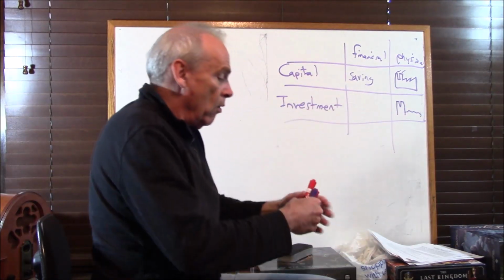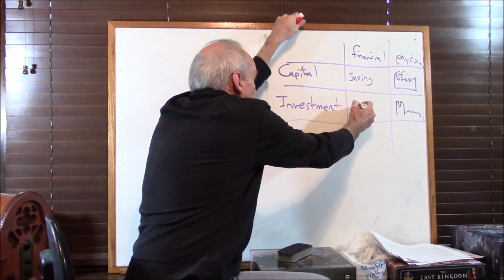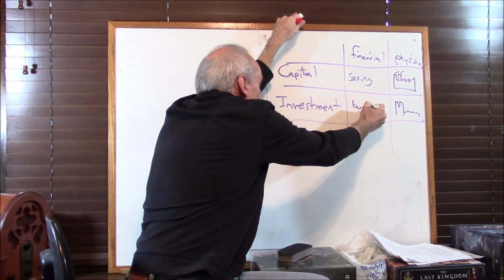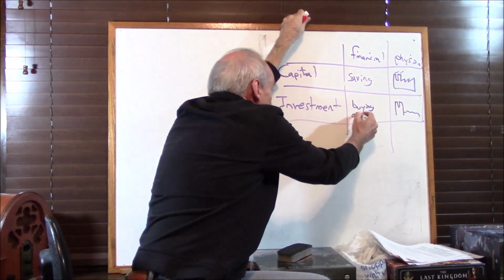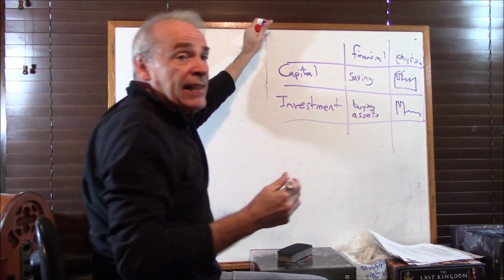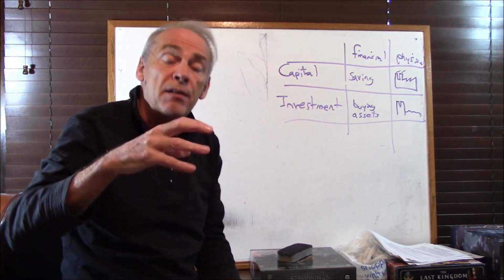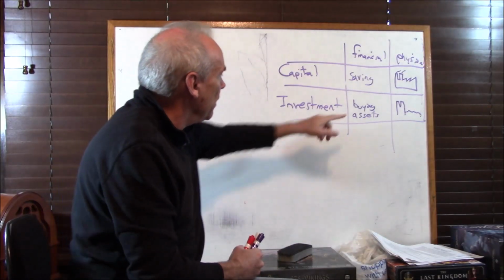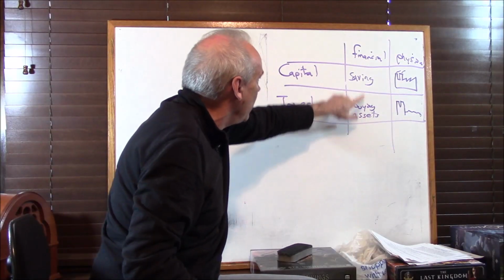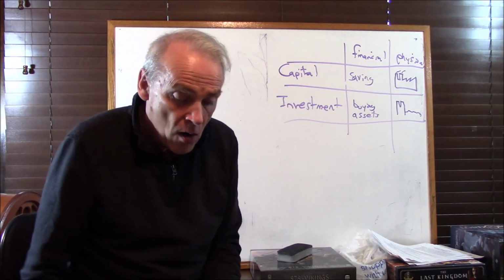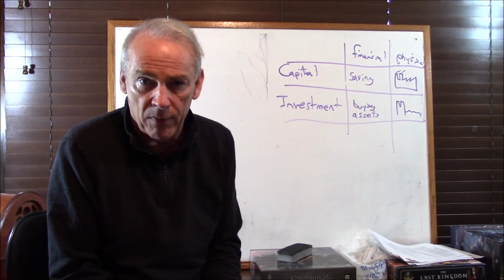And likewise, when you're buying assets that you're going to use for saving, the process of buying them is investment. That's financial investment. Once you own them, this is financial capital. Again, we're not very careful about differentiating among these things in everyday conversation.